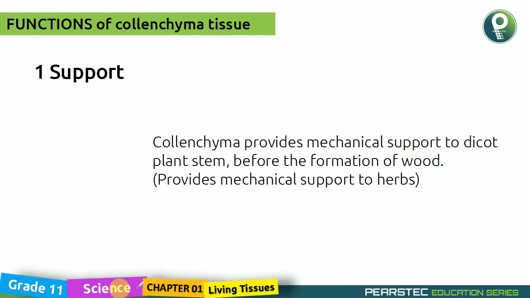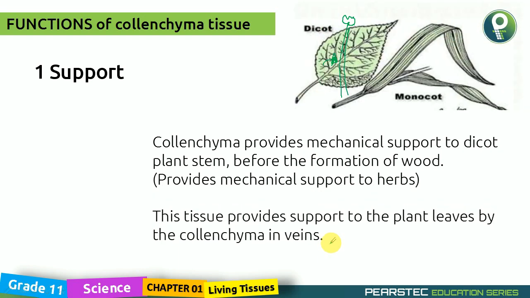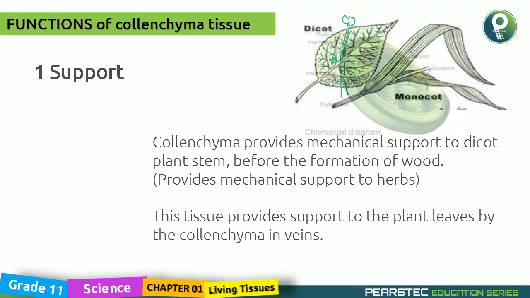You can see the green plants they are referring to. Before it becomes wood, when a plant is carrying a flower, the collenchyma tissue is over there, giving the back support. This tissue also provides support to plant leaves through the collenchyma in the veins.